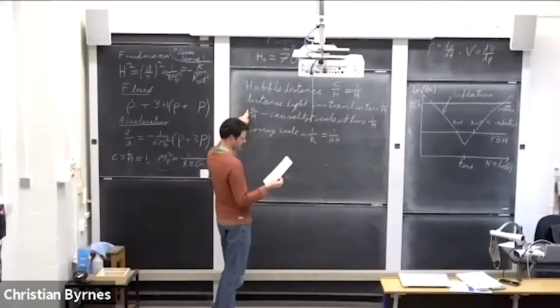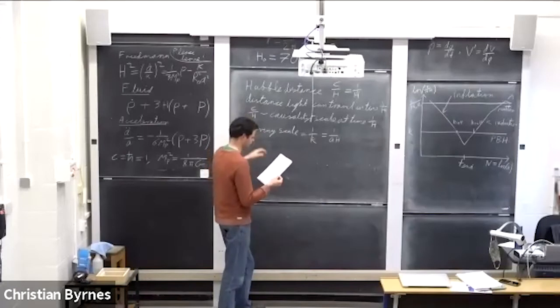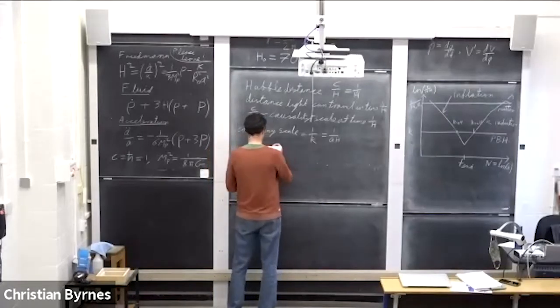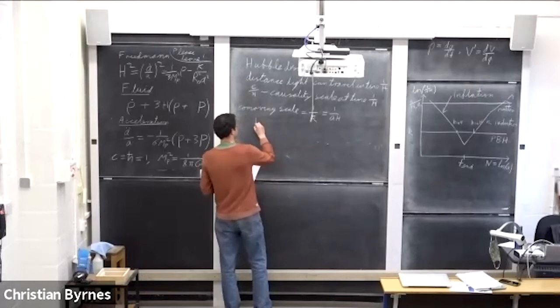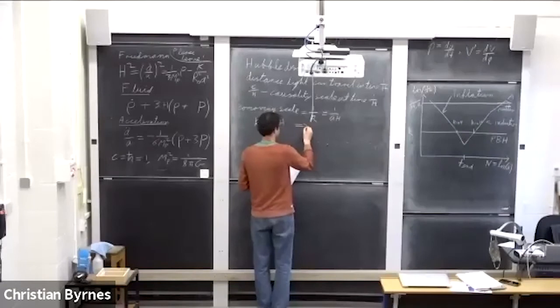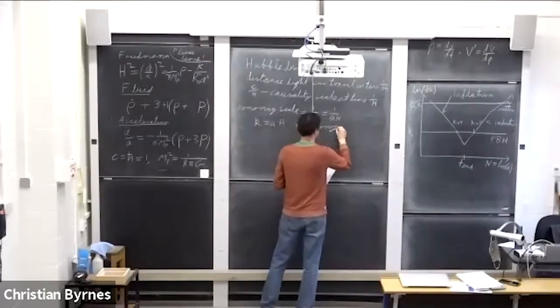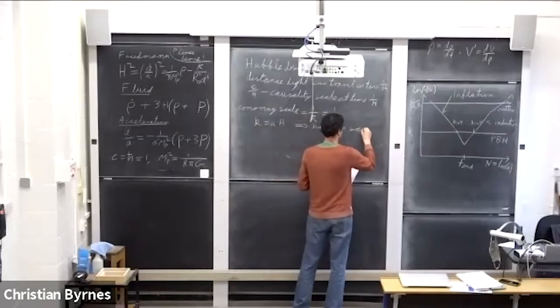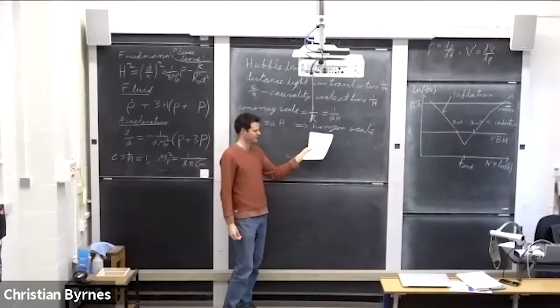This was 1 over H, but this is physical scale, so you have to divide it by a to get the co-moving scale. So once again, k equals aH, very important, implies horizon entry or exit. Specifically, you might want to add in your notes, this is the co-moving horizon scale.